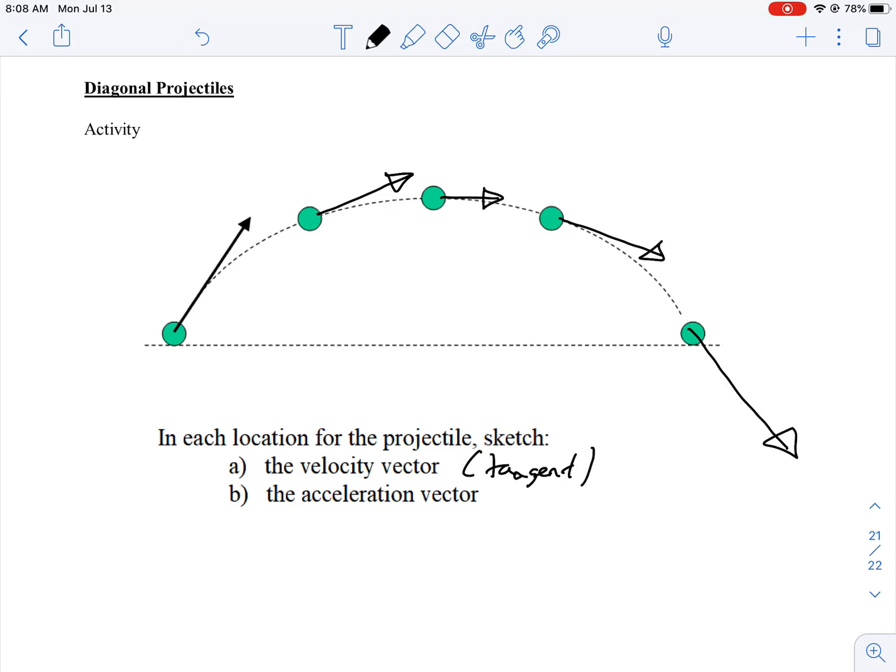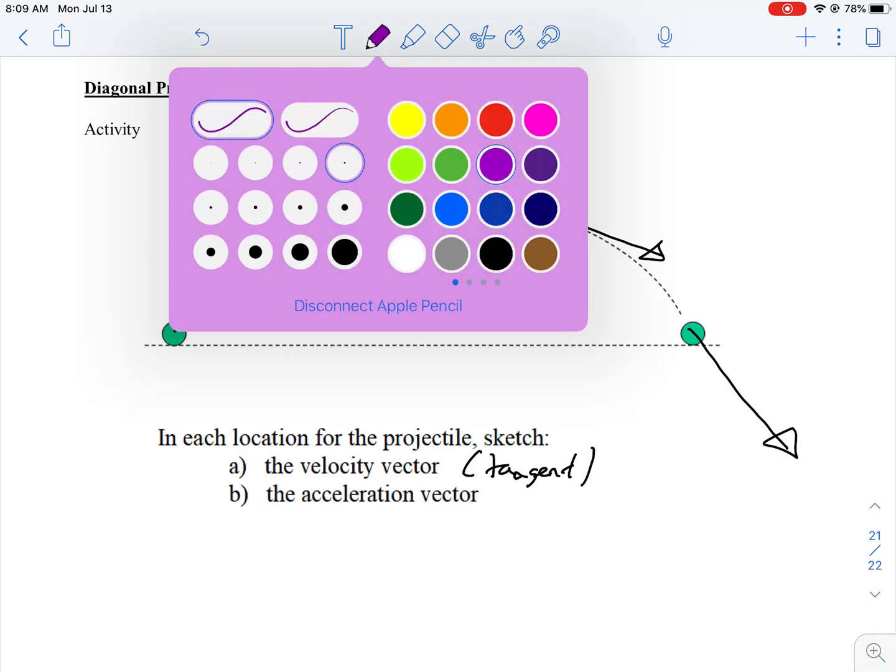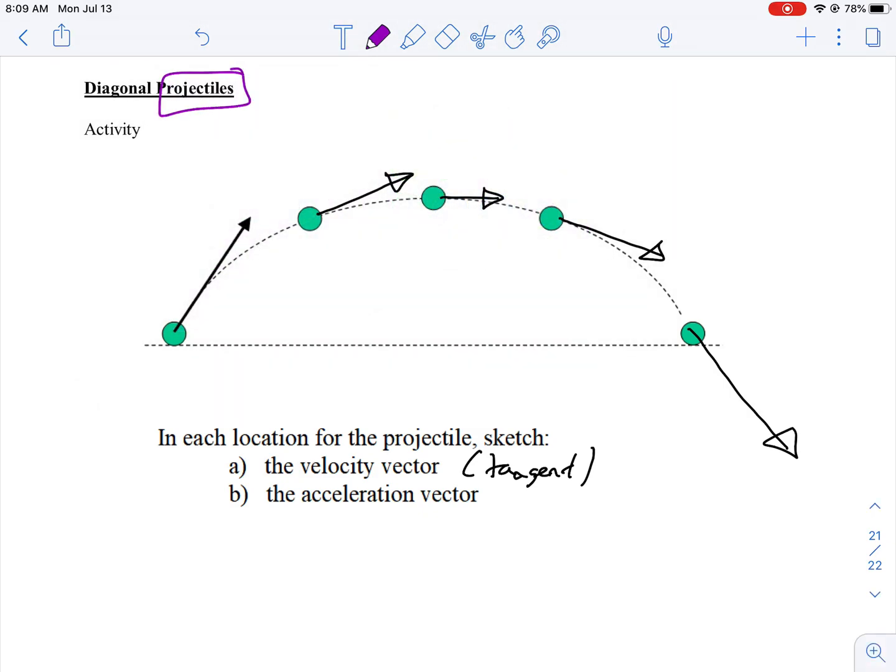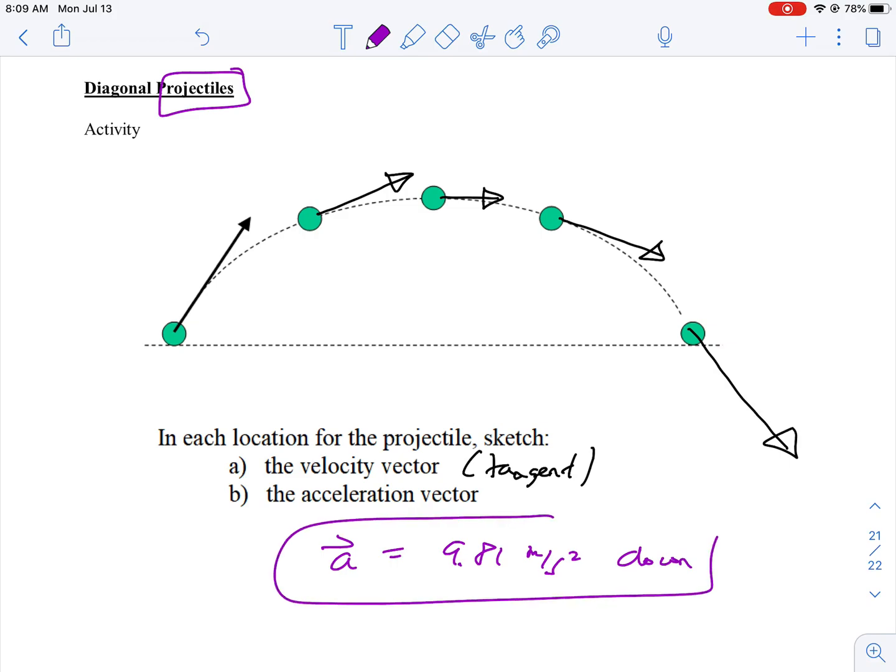Good. Now what about the acceleration vectors? Well, this one's kind of a trick question because this is a projectile. If you remember, for a projectile, the acceleration will always be equal to 9.81 meters per second squared downward at every given location.